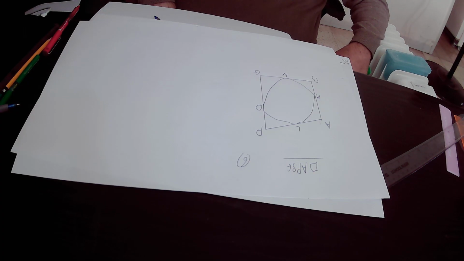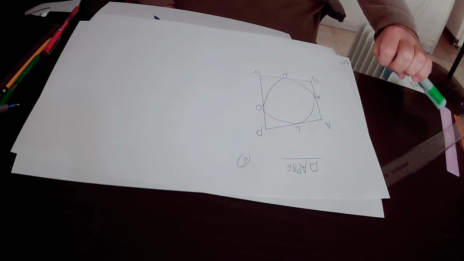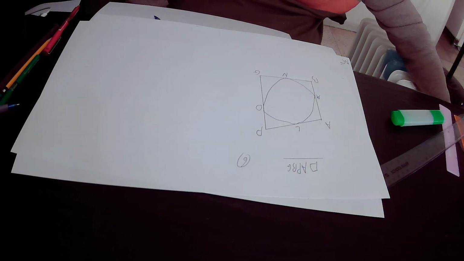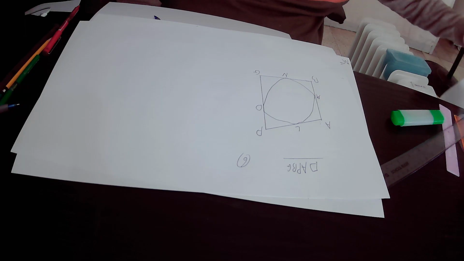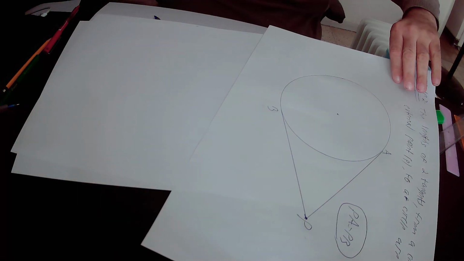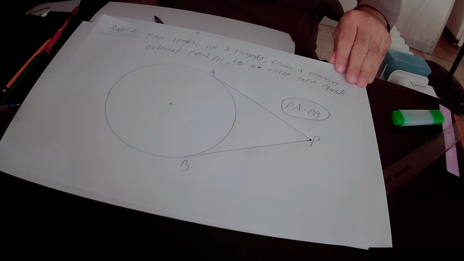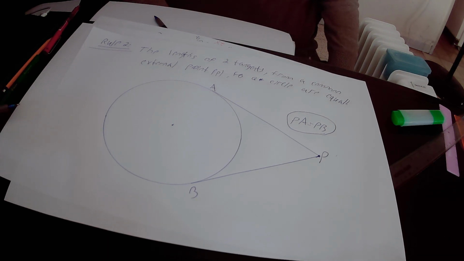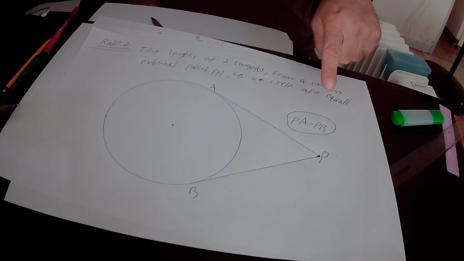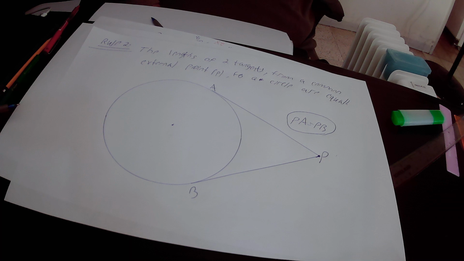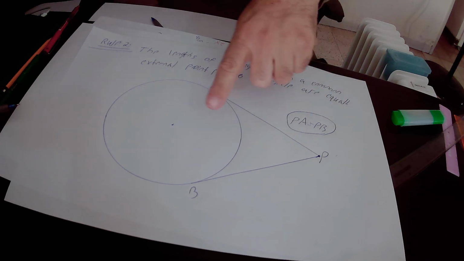Okay. We can implement here rule number 2. According to rule number 2, the lengths of two tangents from a common external point to a circle are equal. Point P is the common external point in relation to this circle. From point P we have two tangents to this circle, tangent PA and tangent PB.